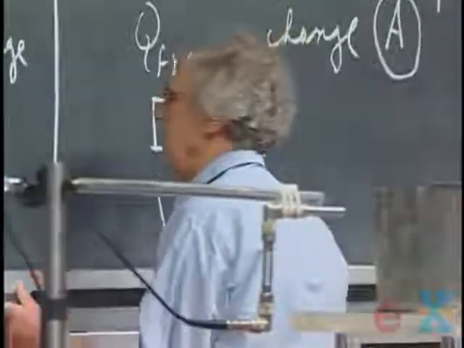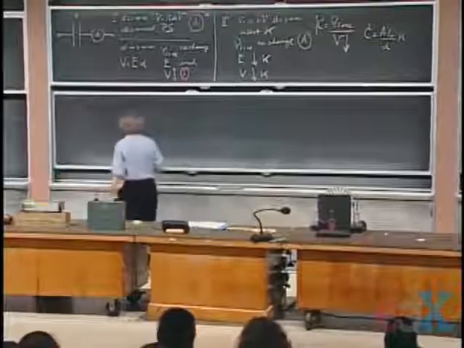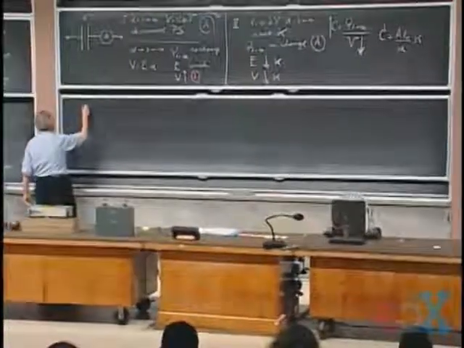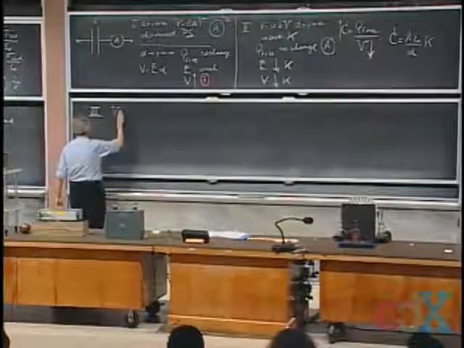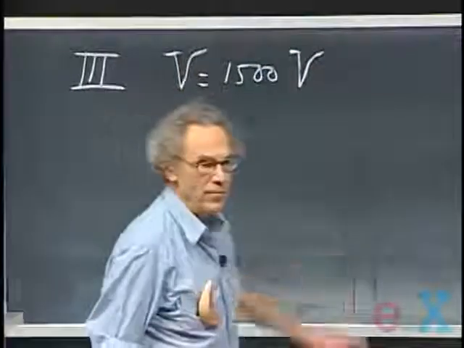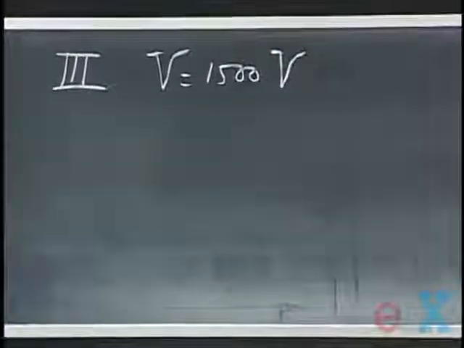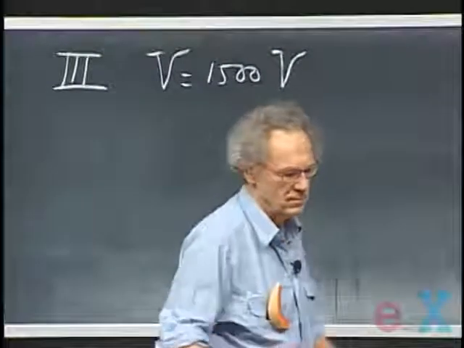Now comes my third experiment. In the third demonstration, I am not going to disconnect my power supply. So now, number 3, I start out with 1500 volts, just like we did with number 1, but the power supply will stay in there throughout, never take it off.